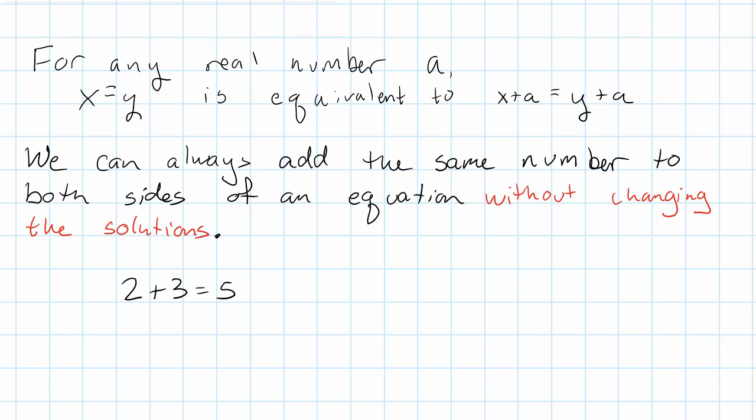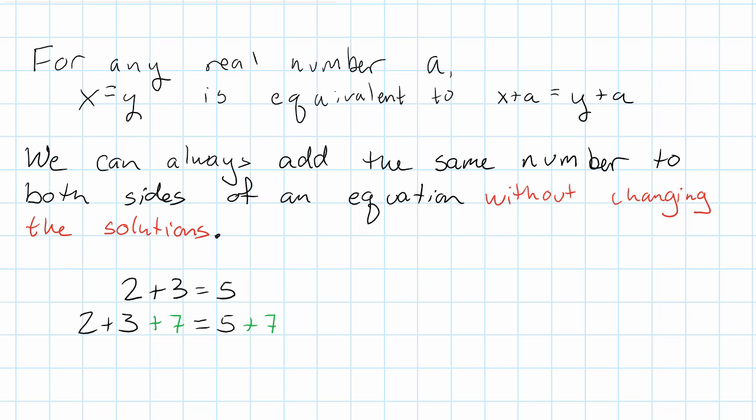We can add 7 to both sides of that and say that 2 plus 3 plus another 7 is equal to 5 plus 7. Again, that's true. Okay, so that's kind of a trivial example. There are no variables here. It's easy to see that this is true.